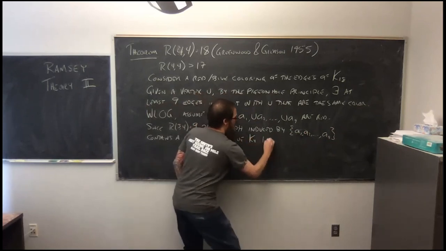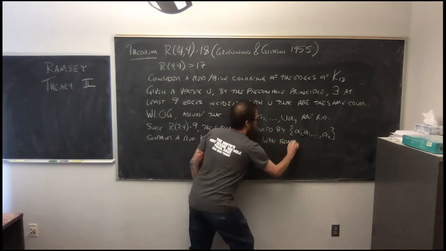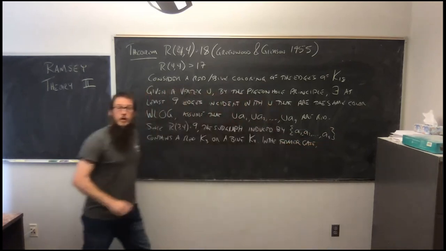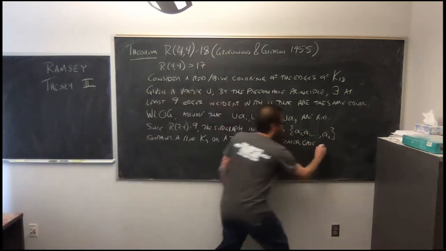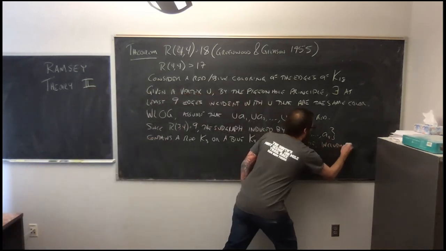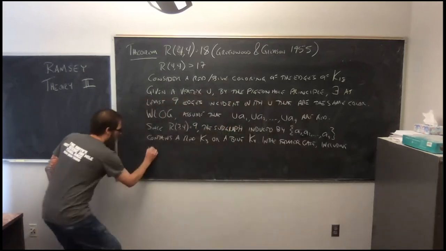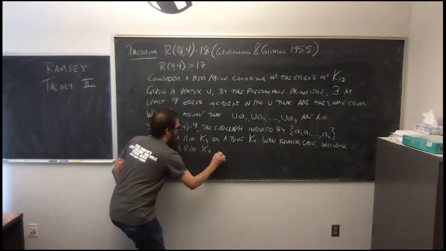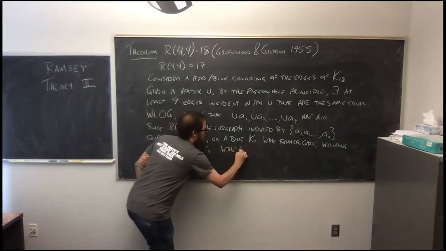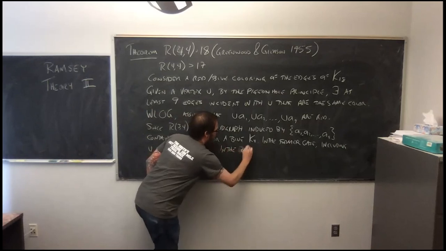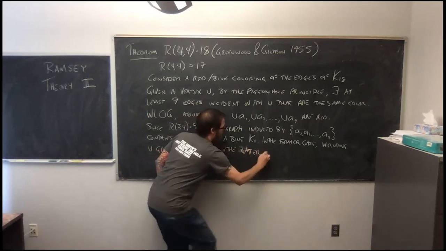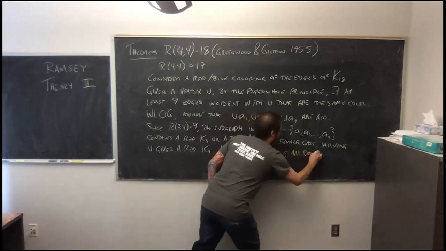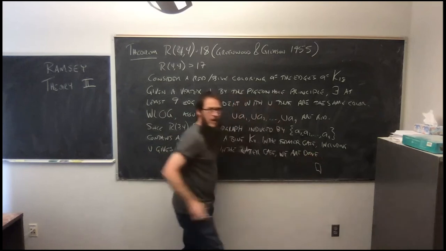In the former case, including U gives a red K4. In the latter case, we're done. And that completes the proof of that one.